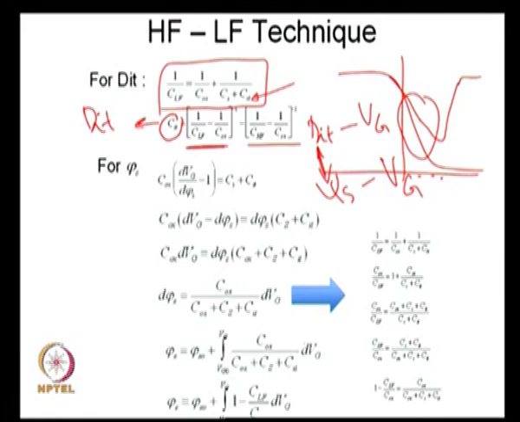You get the psi s versus Vg relationship from the low frequency curve rather than the high frequency curve, because the integration process will not give rise to too much noise. Whenever you try to do differentiation from a measured curve, you can end up with large noise in the differentiation process. This is what is called the HF-LF technique.